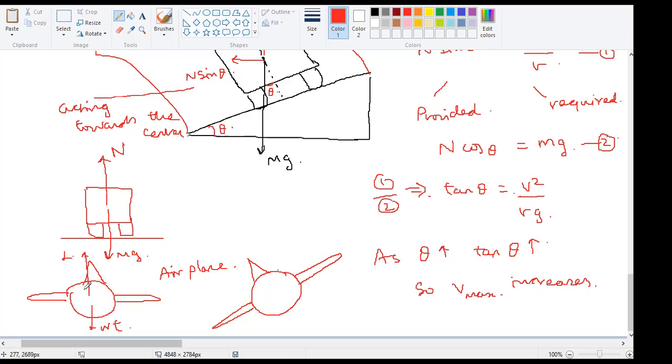Instead, we call this as lift force, because there is a lift force from the engine. The lift force is holding it up. But the moment you make the banking, you are making use of this lift force to make the turn. That means I would call this as L sine theta and L cos theta.